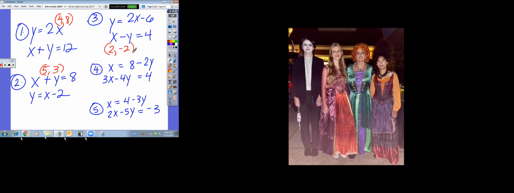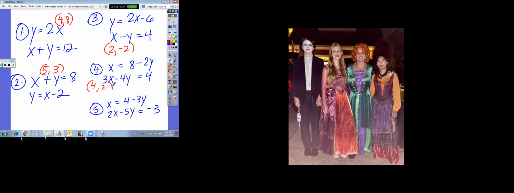My magic book is telling me 2, -2. Number 4. I've lost it. What did y'all get for number 4? 4, 2? Let's see if that would work. 12 minus 8 is 4. 4 equals 8 minus... Yep, it's 4, 2.